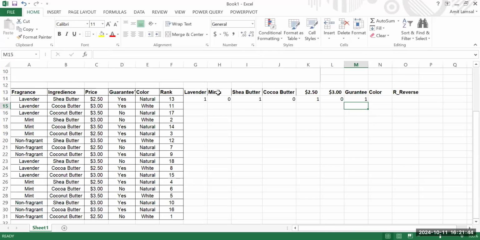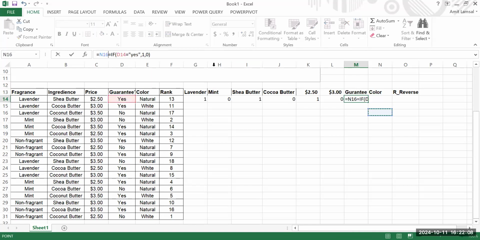It will become 1, but same thing, 1. So here what I did is, if the cell guarantee, oh sorry, if you got the guarantee and it's the yes, then you will get 1. If not, you will get the 0.